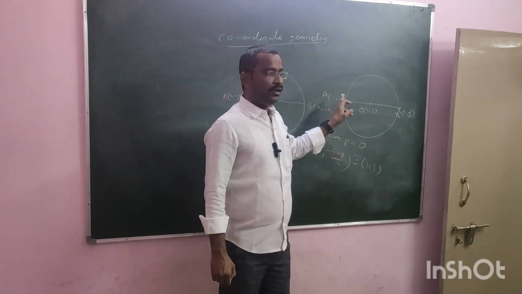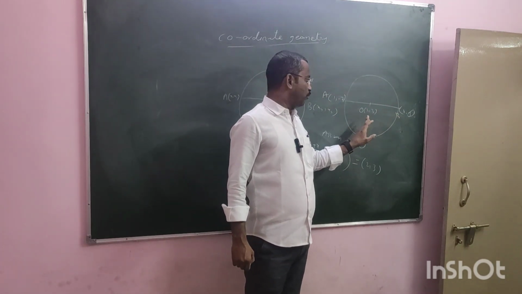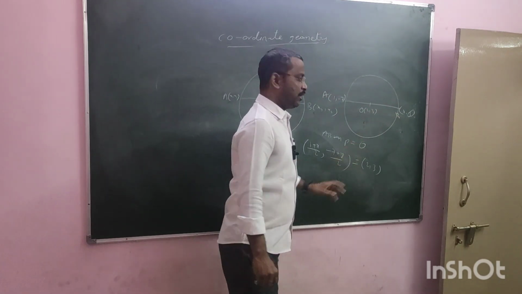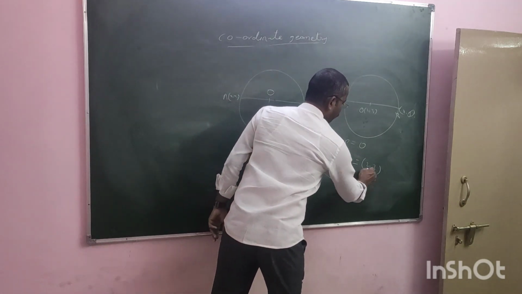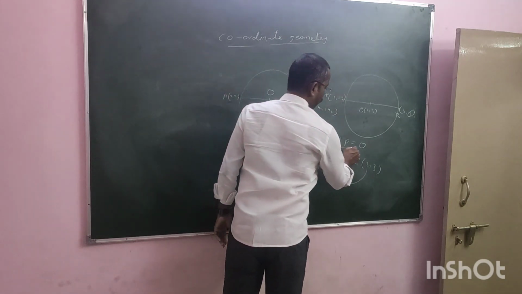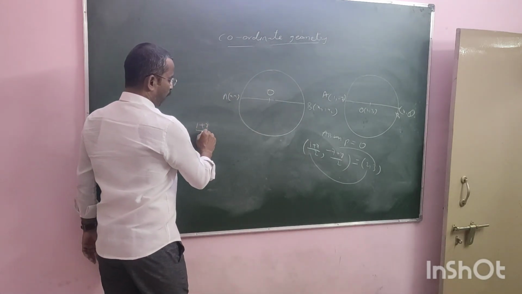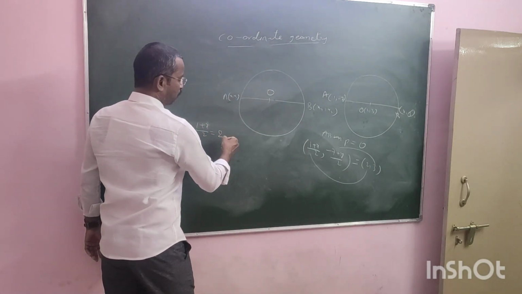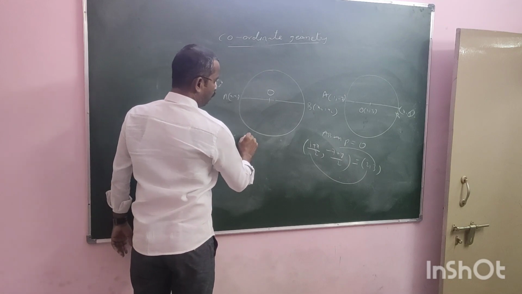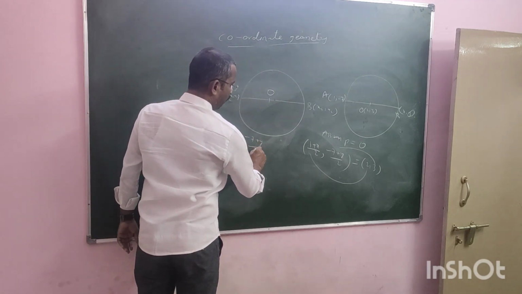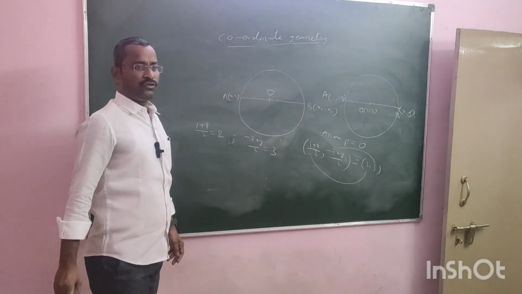Is that clear, everyone? The midpoint of AB equal to the center is the most important, repeatedly asked question. Now what will you do? First coordinate is equal to first coordinate, second coordinate is equal to second coordinate. So 1 plus x by 2 is equal to 2, and minus 7 plus y by 2 is equal to 3.